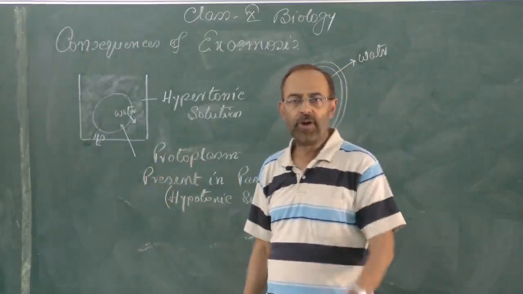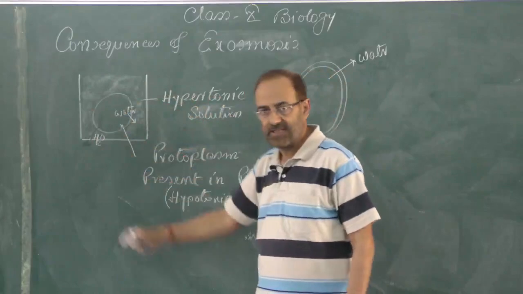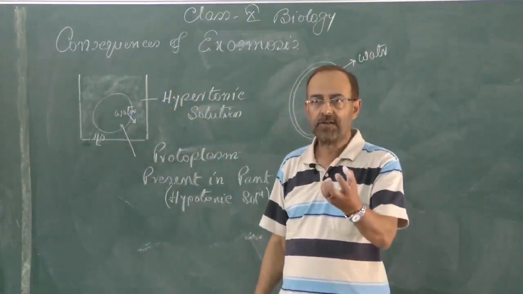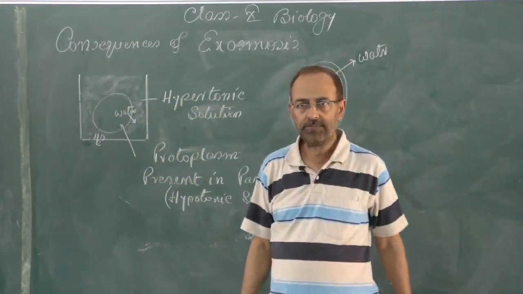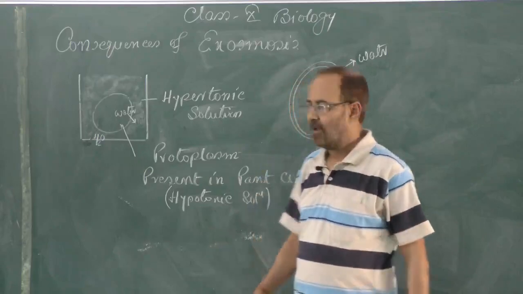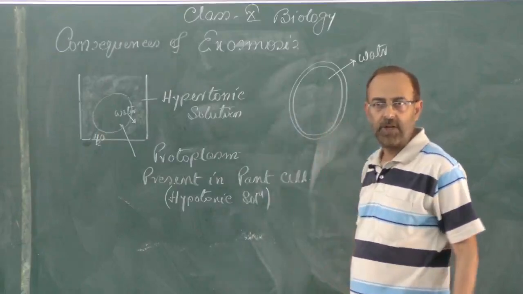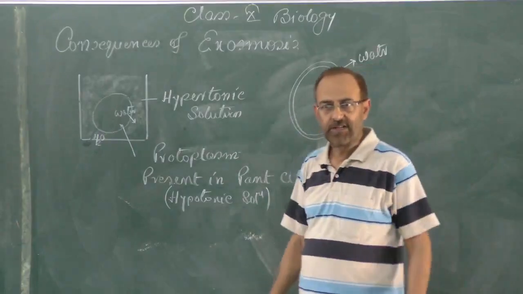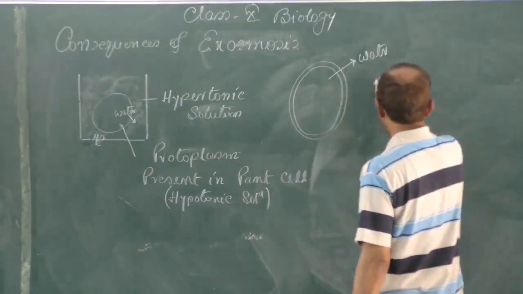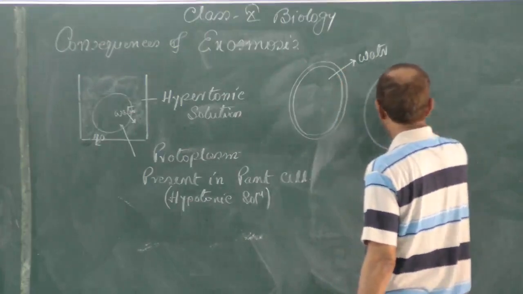This outward movement of water from within the cell will decrease the volume of the protoplasm, is not it? Since some water has been expelled out of this protoplasm, the volume of the protoplasm will decrease, and due to that the protoplasm will shrink.